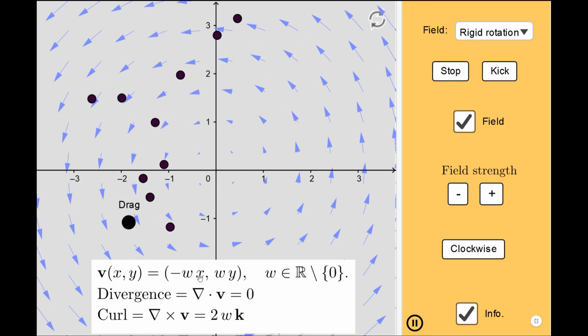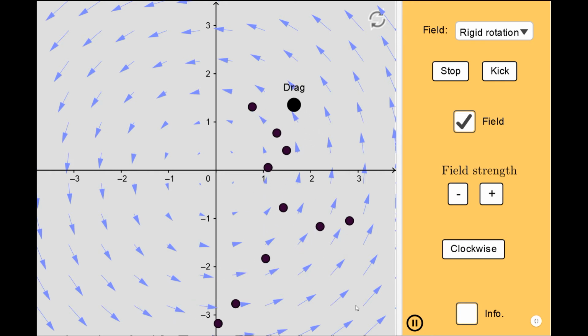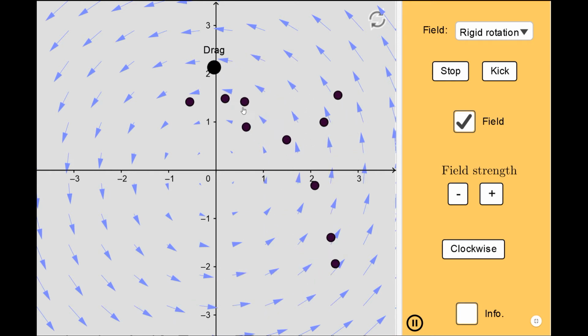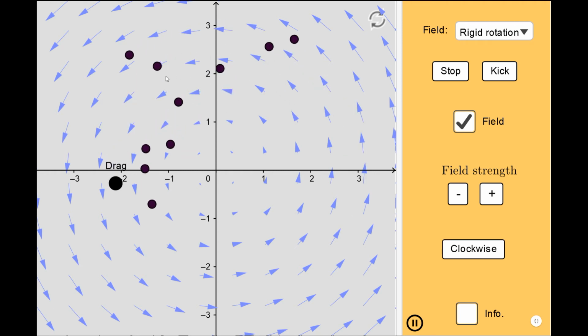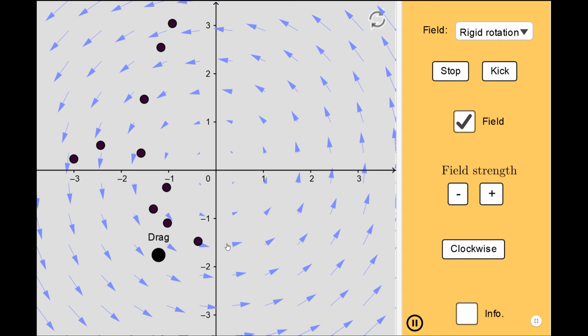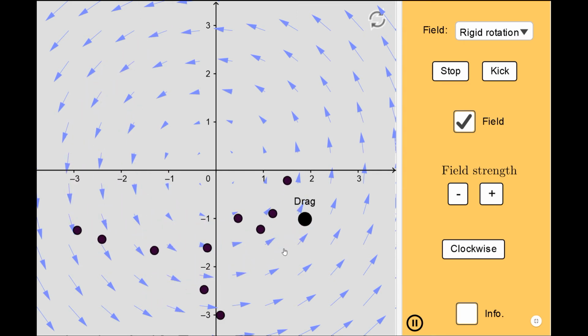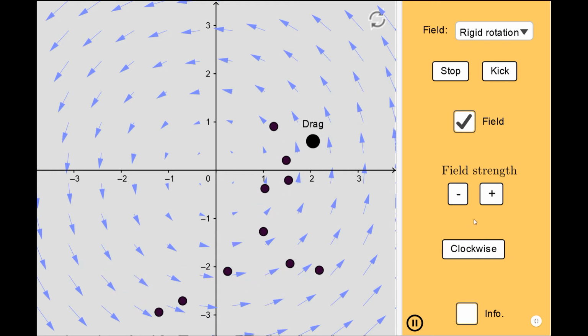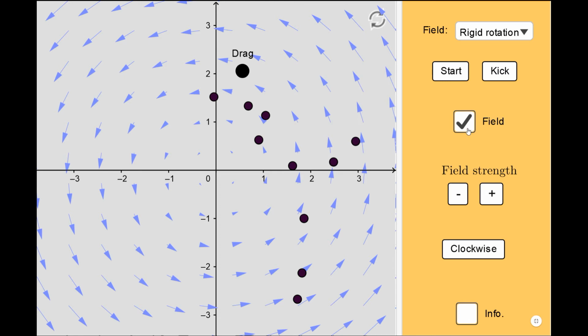Yeah, I'm pretty sure that's backwards. Okay. But notice when Y is positive, you're going to the left, and Y is negative, it's going to the right. Okay. Let's stop that.